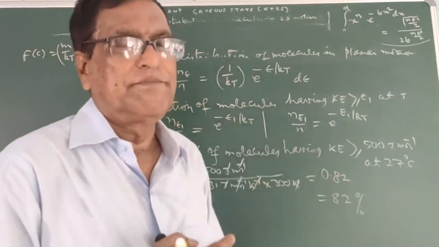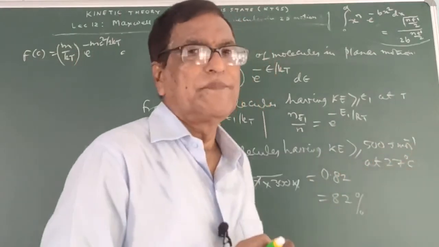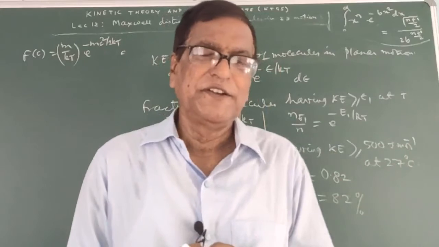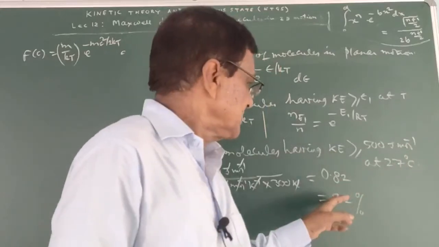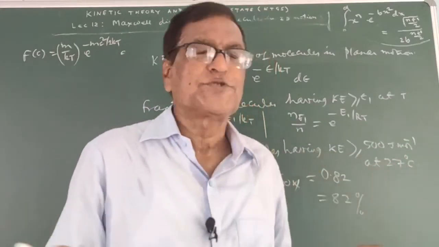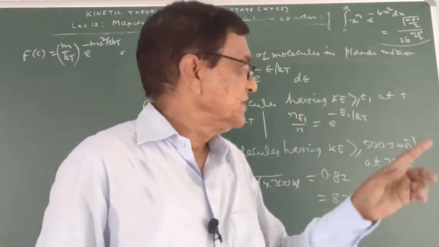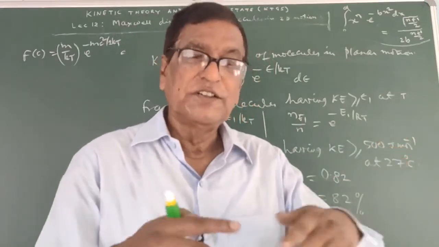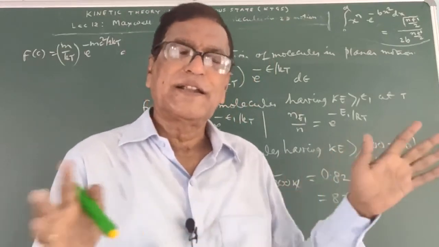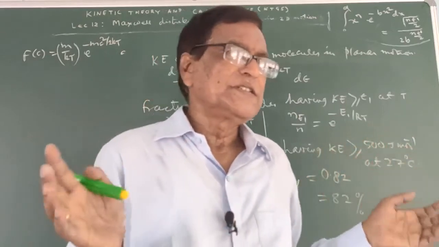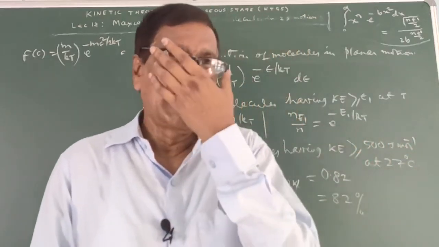It means if you have, for example, 100 molecules in your vessel at 300 Kelvin, then 82 molecules will acquire this energy. If this is the activation energy, then all these molecules will undergo the chemical reaction at this temperature.